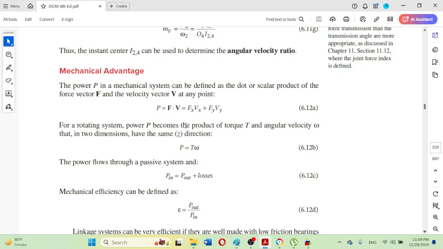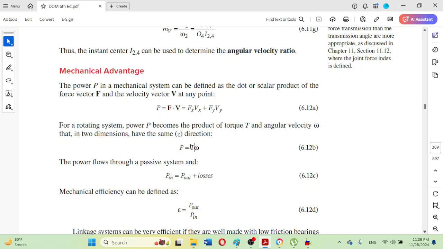But what is the reason for not writing equation 6.12b like equation 6.12a, meaning P equals F dot V? Why have we not written it like this?